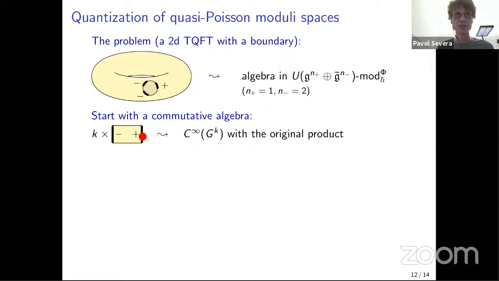Because that's exactly the case when we have an action of G times G bar on this moduli space, and these stabilizers, which are basically the diagonal G, are coisotropic, in this case even Lagrangian. So we can do it. If you take several of them, then we just get C infinity of G to the K, but things are exactly as before.